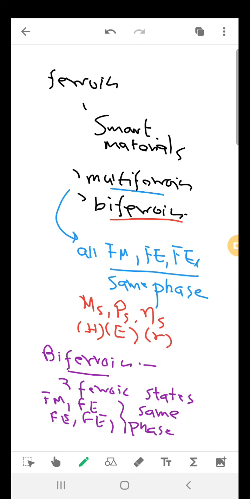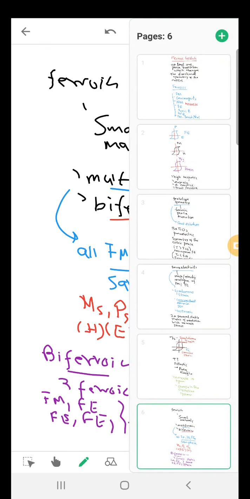Now, the materials with simultaneous ferroelectric and ferromagnetic phase are called ferroelectromagnetics.